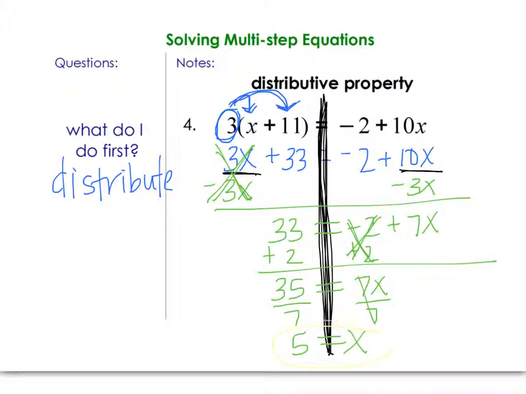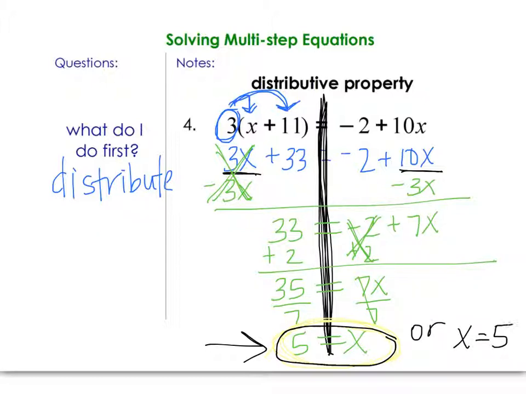Is x all alone? Yep. Even though it's on the other side, this is your final answer. This is correct. X equals 5, or 5 equals x. If you want to write it like this, just for your own sake, you can. These are the same exact thing.